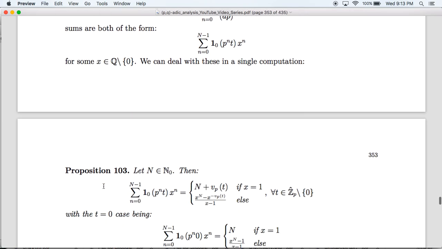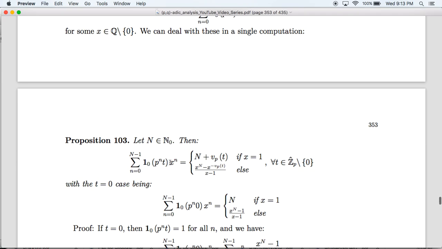And we can deal with these in a single computation. So this is going to be n plus vp of t if x is 1, and it's going to be this thing otherwise. And so this is just showing the 2 possibilities for geometric series. You can either have it degenerate and you get linear growth, or it's non-degenerate and you get geometric growth.